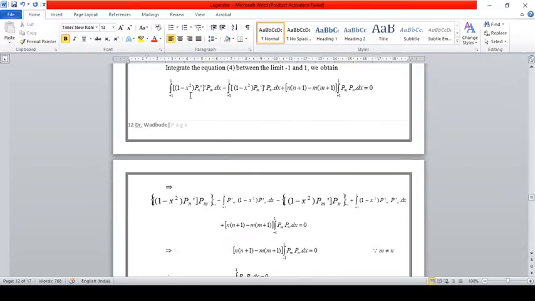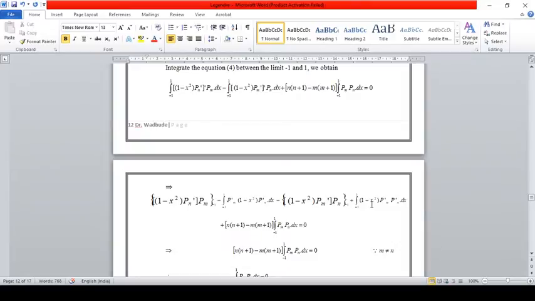Now here we take the first function and the derivative of the second: suppose P_m is the first function, then we take the first function times the integration of the second, minus the derivative of the first, P_m', times the integration of the second. The same integration is applied to the other part, where P_n is the first function, and minus converts into plus.